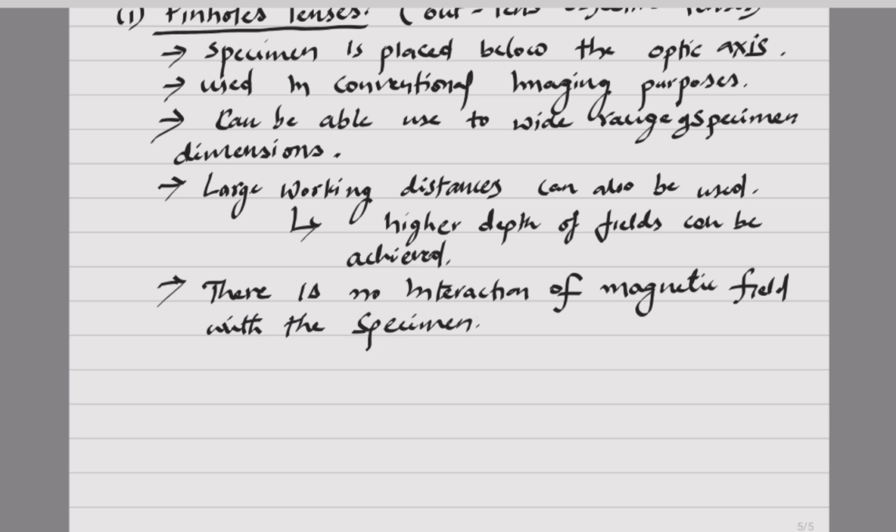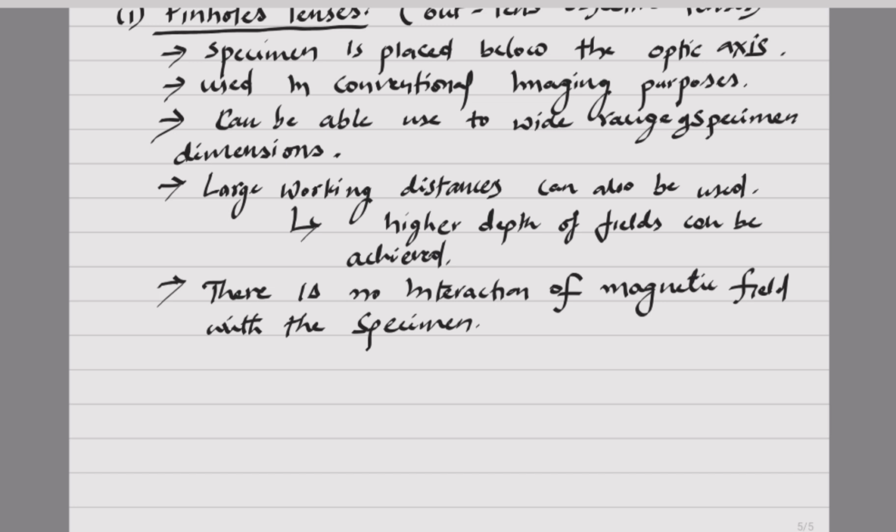So we can also use magnetic specimens, which is one of the advantages. As we already said, large working distance can also be used here, so higher depth of field can be achieved.